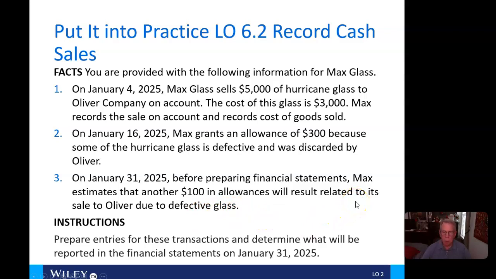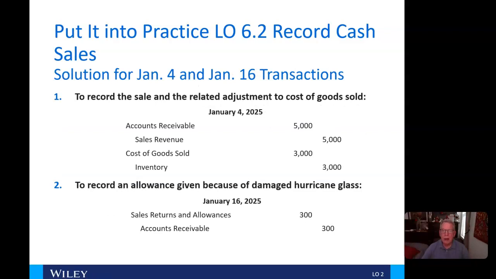Okay, we're going to prepare the entries for that. Initially, we're going to record a debit to accounts receivable and credit to sales revenue, and a debit to cost of goods sold and credit to inventory, standard entries there. But then because of the damaged hurricane glass, we're going to debit sales returns and allowances and credit accounts receivable.